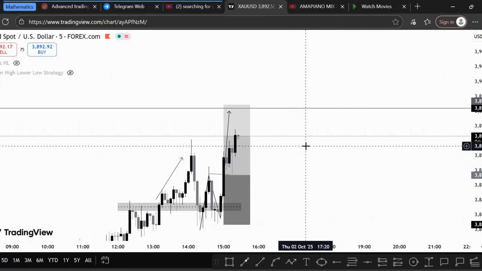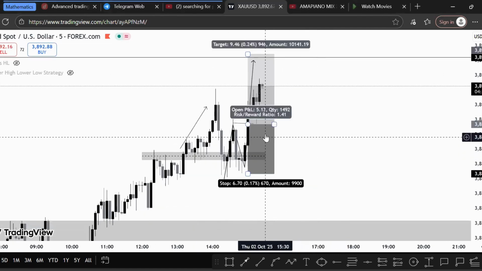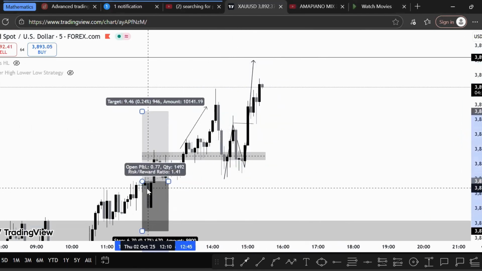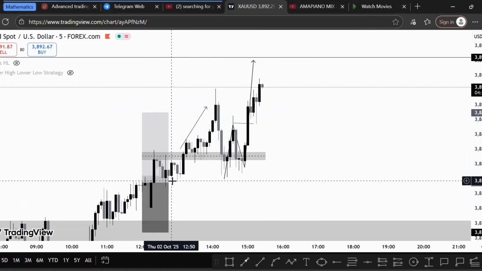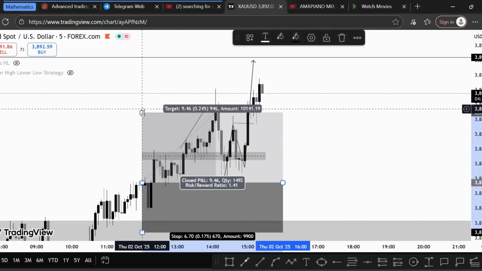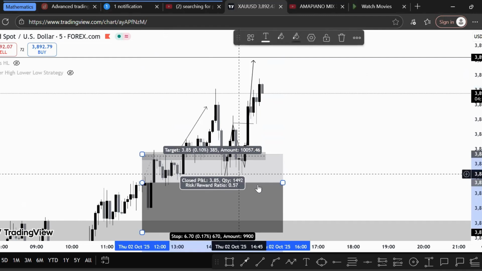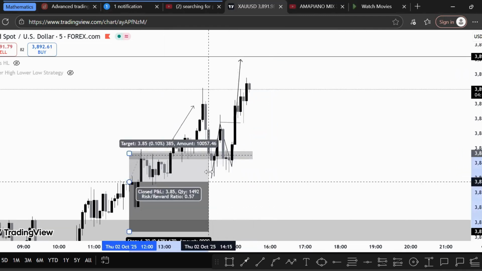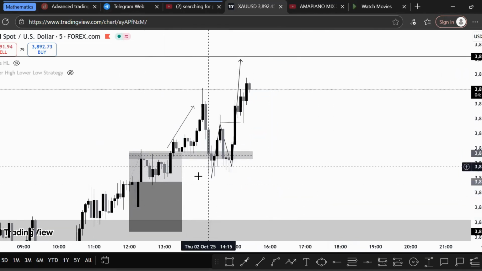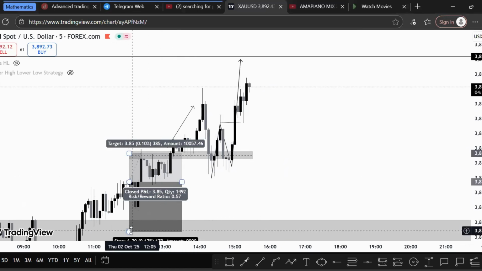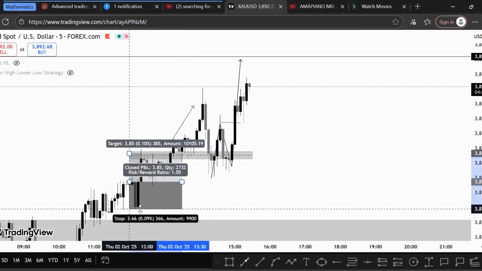What they don't tell you is how many points, because in this move that we are currently in, since we took this entry, from here to here, that guy would have only taken that move up until here, and he would have made what he wanted to make for the day, and that's it for him. That's like 5 points actually, which I think will be 50 pips or something on gold.